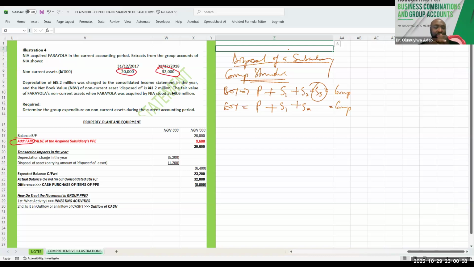Therefore, it's like comparing a red apple with a green apple. We need to make that adjustment. That adjustment then is at the point of disposal.